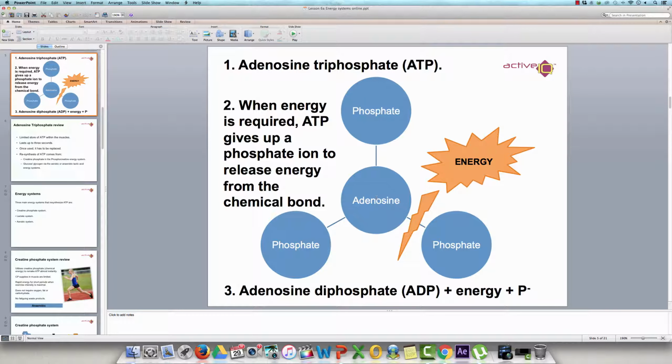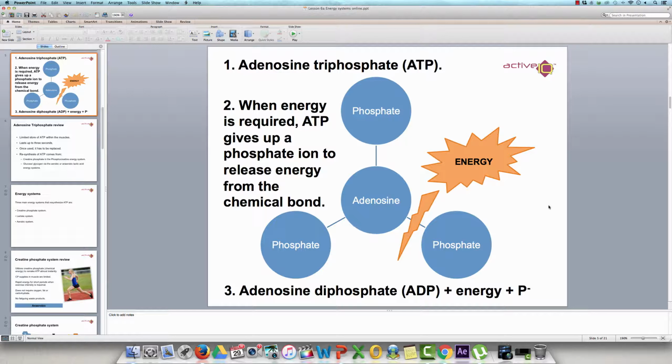When we require energy in the body, this adenosine triphosphate gives up one of the phosphate molecules in order to create energy, and that's how we make our energy in the human body. So we go from adenosine triphosphate, we give up one molecule, and then we have adenosine diphosphate.